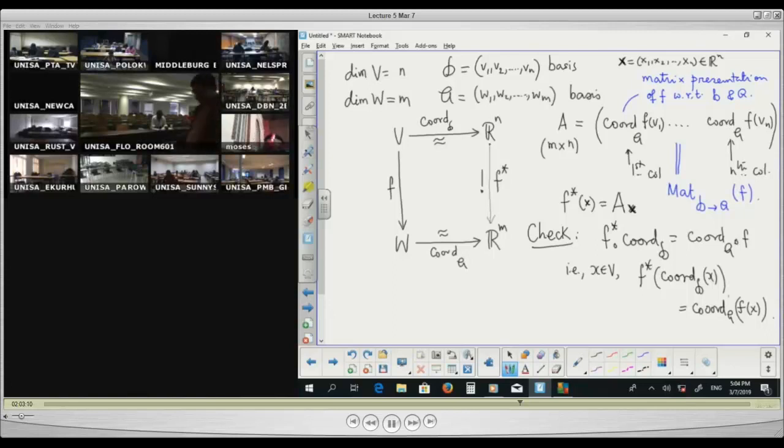Is it getting heavy? There are a little more things that I should say about this. Should I continue or do I do it next time? Is it getting heavy? Or do I continue?